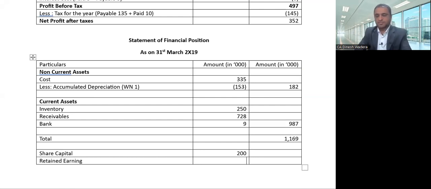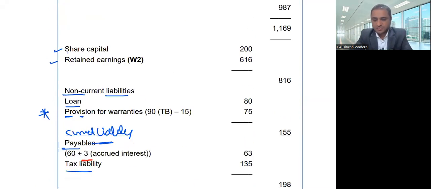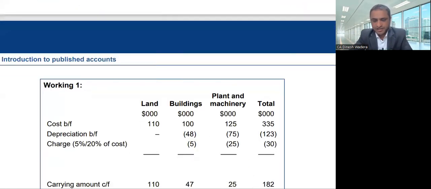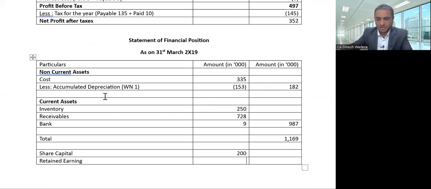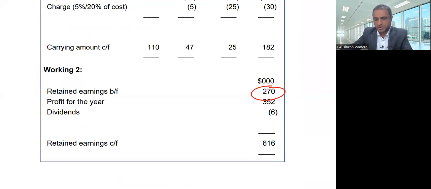Now, pay careful attention to the retained earnings. Your opening retained earnings were 270. Your profit for the year was 352, this one. And you have already paid a dividend, distributed profit, 6. So your closing retained earnings balance will be 616.